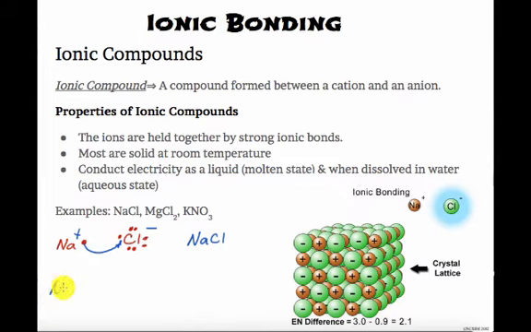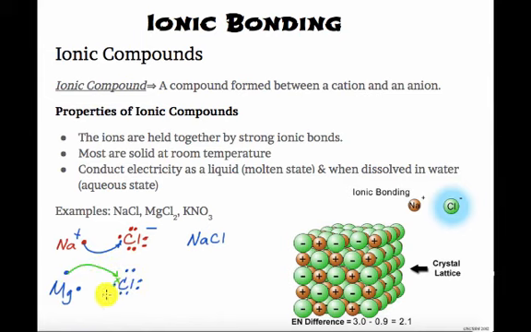Now with magnesium, all right, magnesium has two valence electrons because it's an alkaline earth metal. Remember last chapter we talked about valence electrons being predicted from the periodic table. And chlorine still has those 7 valence electrons. So what will happen here is the electrons again are going to go from the metal, from magnesium to chlorine. It's going to fill in the spot.